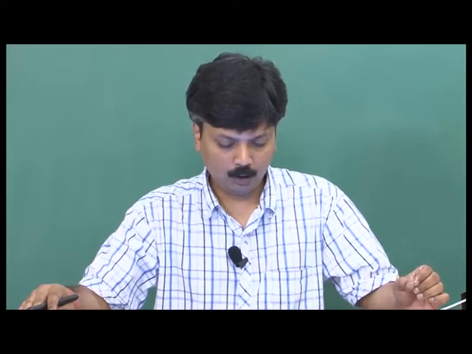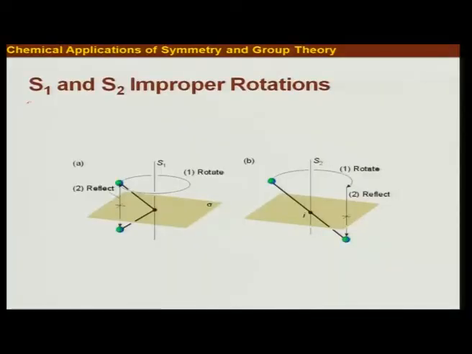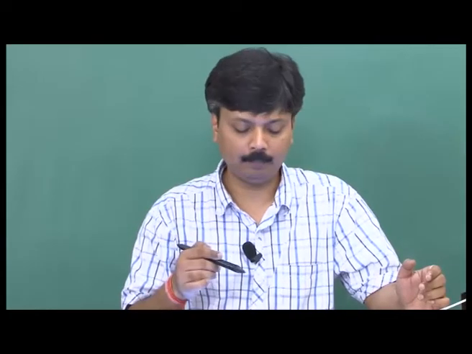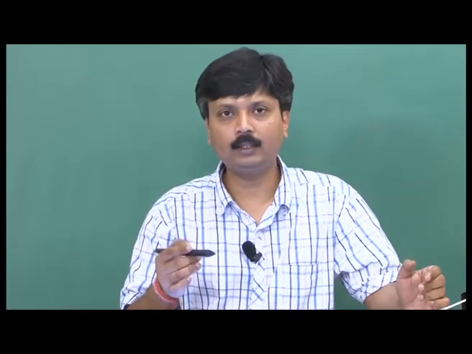When I talk about S1, S1 is C1 followed by sigma perpendicular. C1 is nothing but identity, so C1 does not do anything, and then we are left with a sigma perpendicular.